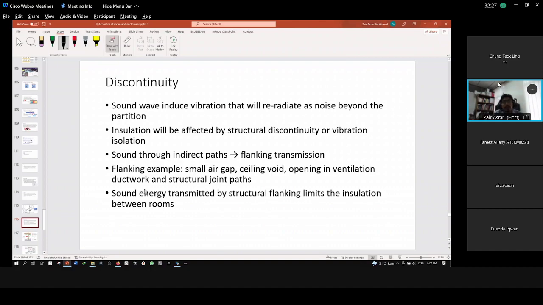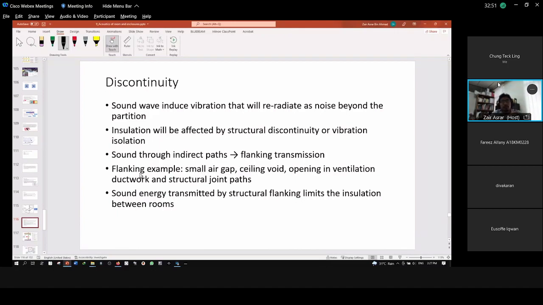Sometimes discontinuity can be in the form of an indirect path. We have what we call flanking transmission. That means instead of the sound passing through the partition, now the sound is passing through the structure of the building, goes into the upper floor, jumps over our partition and goes into the room.